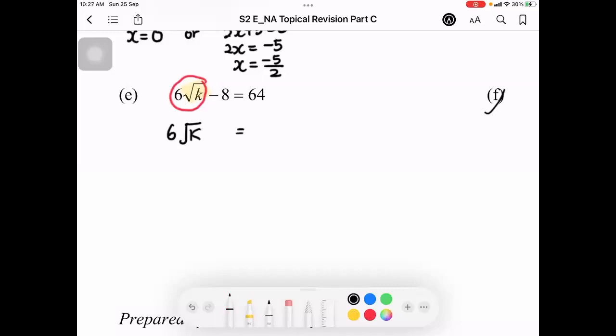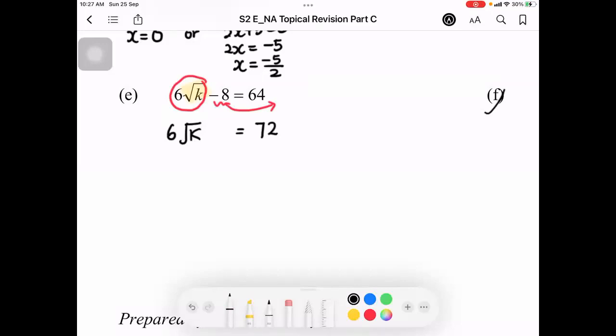I'll shift the negative 8 away first, because this one is outermost. So I'll get rid of it first. Then this one will be 64 plus 8, right? 64 plus 8 is equals to 72. Next, the question is, which one do we deal with?